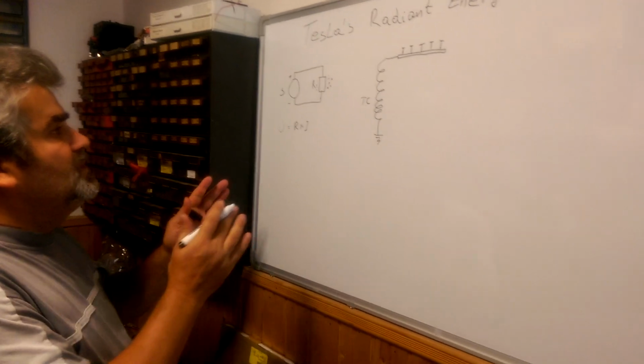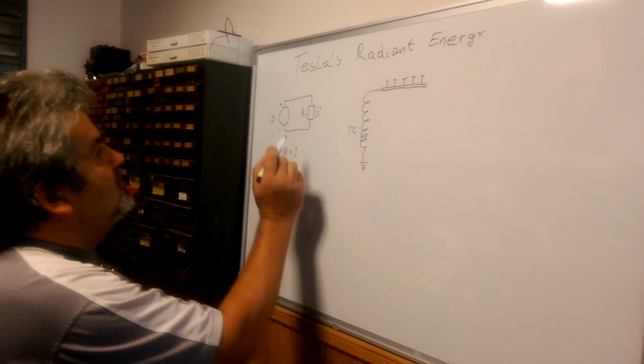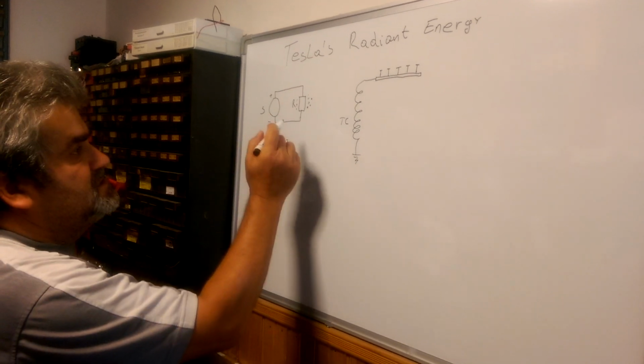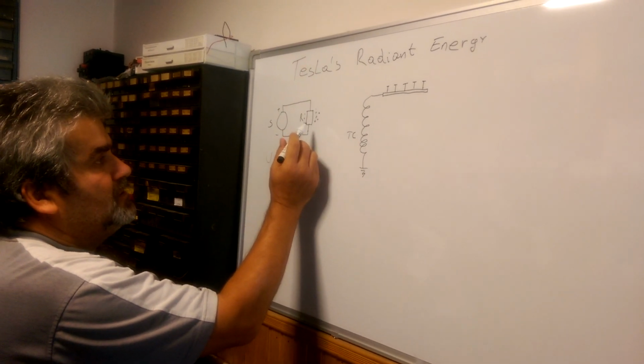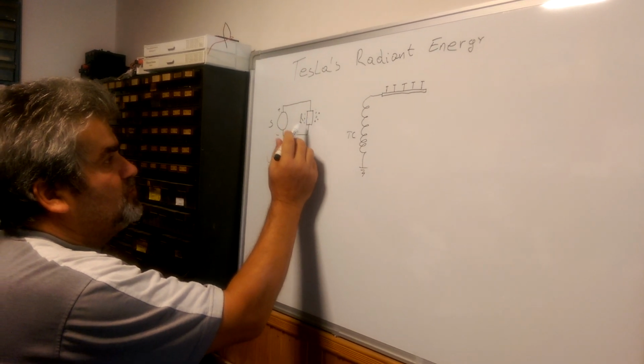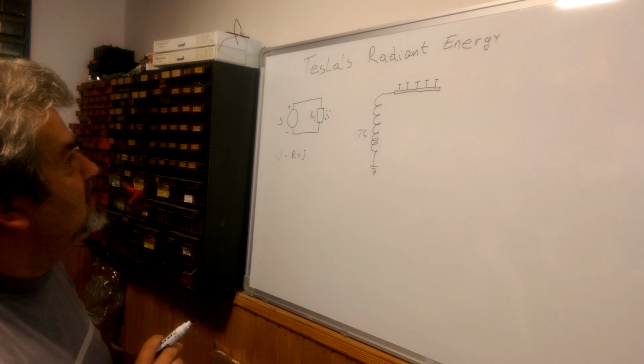But that is not all that happens here. When we apply the voltage to the resistor, around the resistor there are small particles of air, ions. There are so many around, and they act like capacitors.